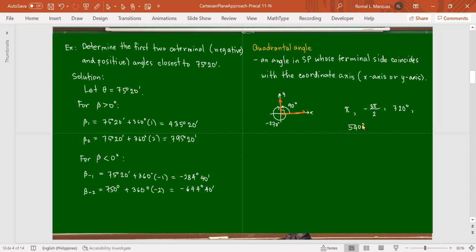Yeah, they are quadrantal angles. Are they all quadrantal? Yes. Okay. So what about 0 degrees or 0 radians? Yes, it is also a quadrantal angle, since it coincides with the x-axis.